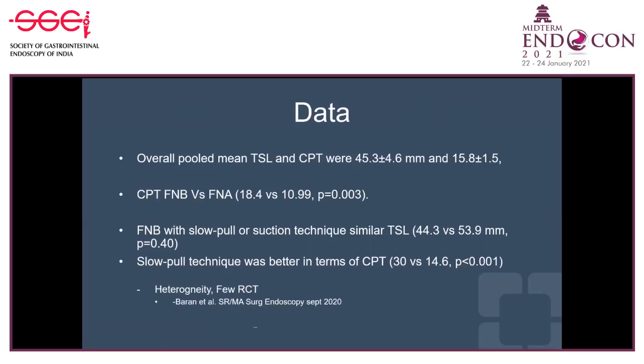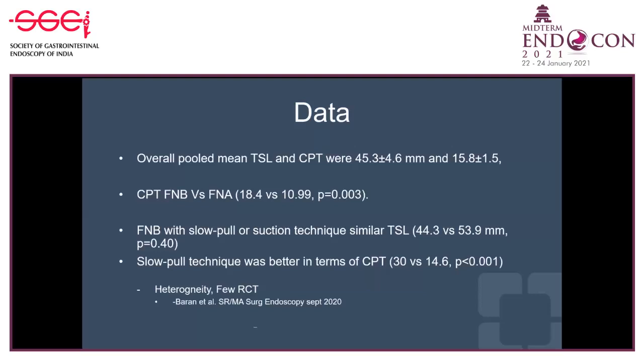And in terms of the technique, the FNB with slow pull or suction technique, they yielded similar total specimen length of 44 millimeter versus 53.9 millimeter. However, the slow pull technique performed better in terms of getting complete portal tracts, 30 versus 14.6 with other suction techniques, and the difference was significant.